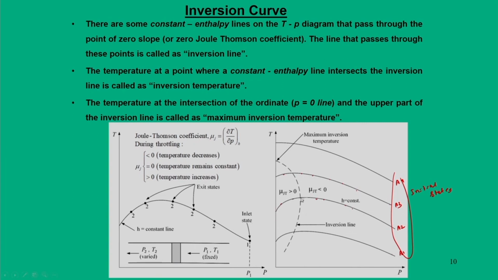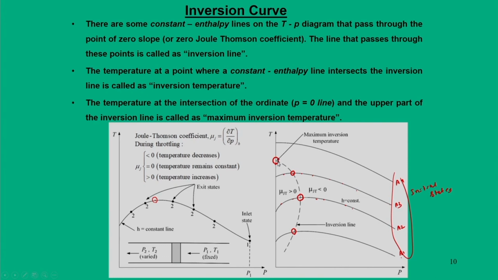And for each of these curves, we can also locate at what point this mu JT is 0. That is the maximum point where mu JT is 0, that is, the slope is 0. Once you locate all these points, for the curve A3 we have this point, for the curve A2 we have another point, for the curve A1 we have another point. And for one of the curves we can have another point on the temperature axis itself.